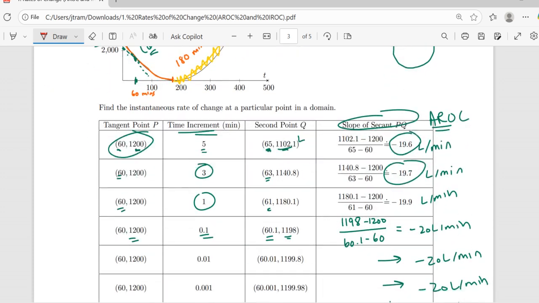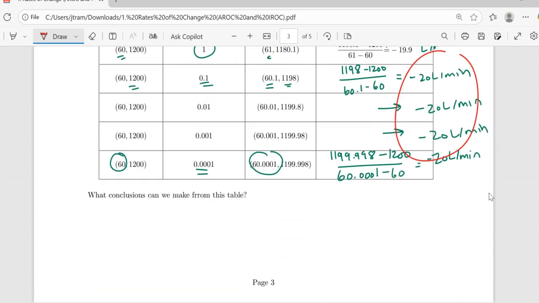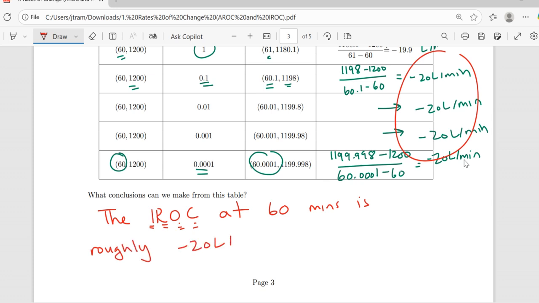You can see as the intervals got smaller, this is a good approximation, which means the instantaneous rate of change, I'm going to use IROC to represent it, at 60 minutes is roughly negative 20 liters per minute. So at 60 minutes, the tub is draining at approximately 20 liters per minute. Approximately.